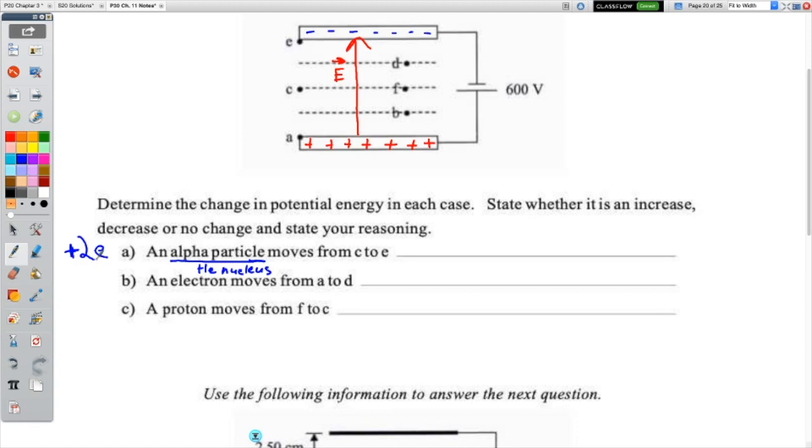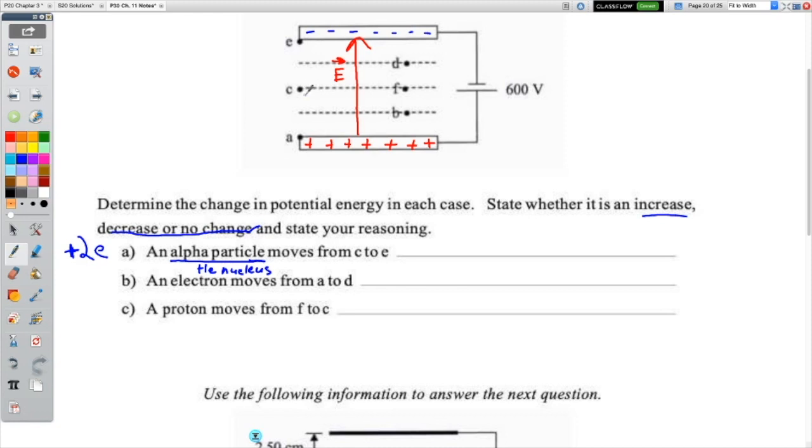So if an alpha particle moves from C to E, if we take an alpha particle and I move it from C up to E, is that going to increase, decrease, or cause no change in its potential energy? Okay, so let's think about it. If I'm an alpha particle, I'm positively charged, what do I want to do?